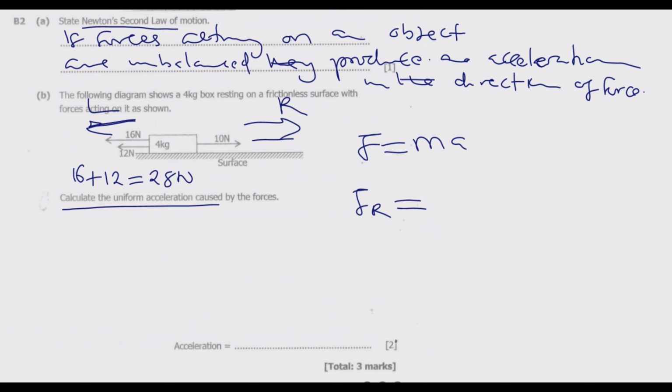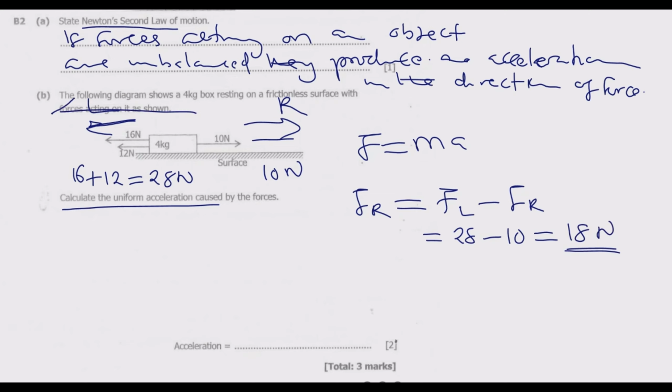Then this side is basically 10 newtons. So the resultant force will be the force pulling in the left minus the force pulling in the right, which is 28 minus 10, which is 18 newtons is the resultant force. So basically this box will move in this direction. So this is going to produce acceleration in that direction. So now we have the resultant force.